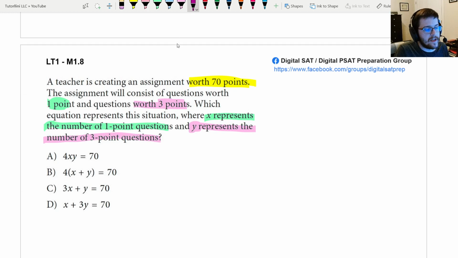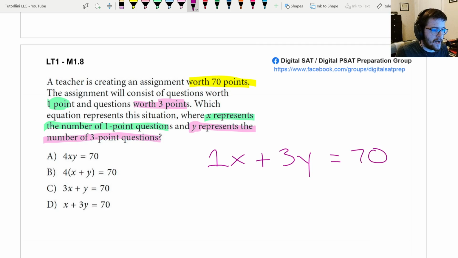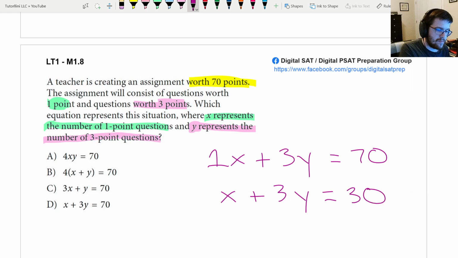So for example, if I got 5 3-point questions right, that would be 5 times 3, which is 15 points total. So hopefully you're seeing, oh, we're going to have to multiply these together. So 1 point per question times the number of those questions, which is x, plus 3 times the number of those questions, which is y, gives us 70. And we don't write 1x, we just say x. You never write 1 as a coefficient, it's implied. So we get x plus 3y equals 70.